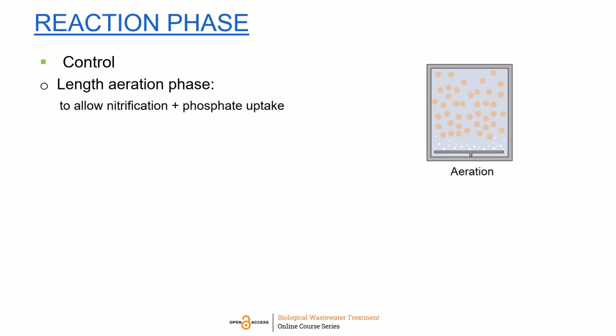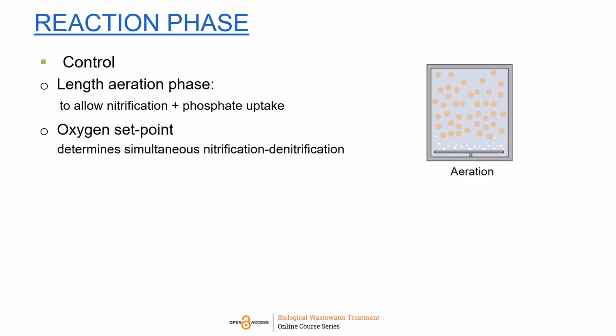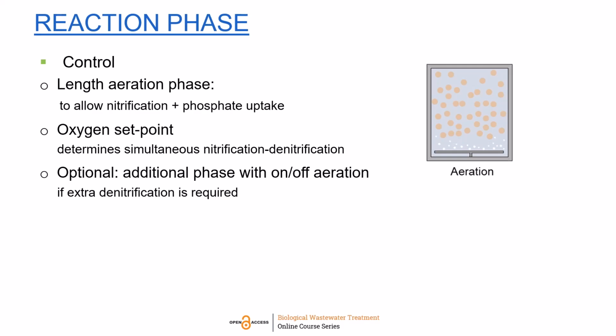In some cases, it is chosen to apply chemical phosphorus removal besides biological phosphorus removal. The oxygen set point will determine how deep oxygen will penetrate in the granules, and in this way also the extent of simultaneous nitrification-denitrification. In some cases, there is also an additional phase with on-off aeration. This is done when extra denitrification is required.